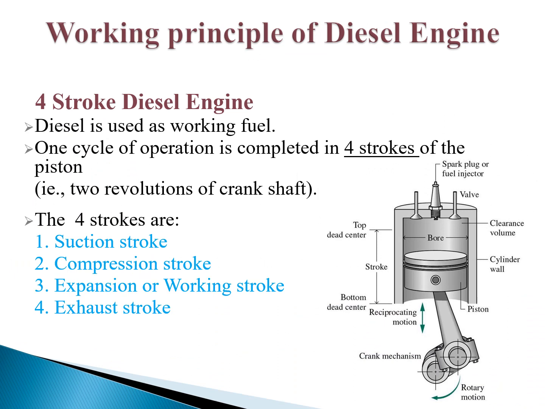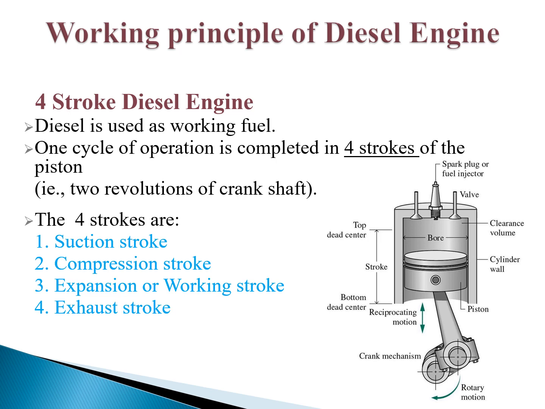Based upon the working fuel used in the engine, engines are classified into two: one is the diesel engine and the other is the petrol engine. And also based upon the stroke, engines are classified into four-stroke engine and two-stroke engine.